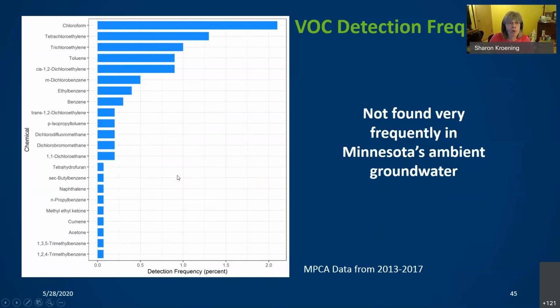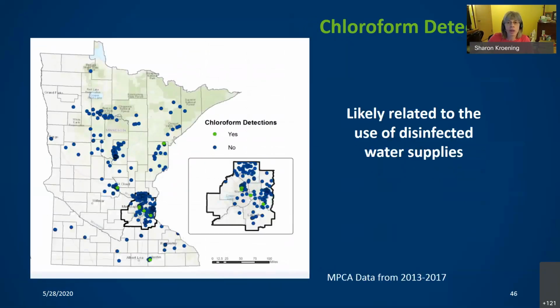The most frequently found VOC is chloroform. Chloroform, we believe, is found in the ambient groundwater not due to some sort of spill, but likely just related to the use of disinfectant in public water supplies. This map shows the places marked by the green dots where we've detected chloroform in the groundwater.